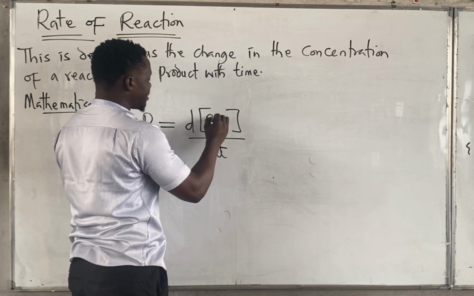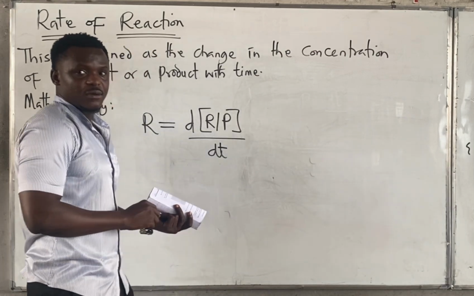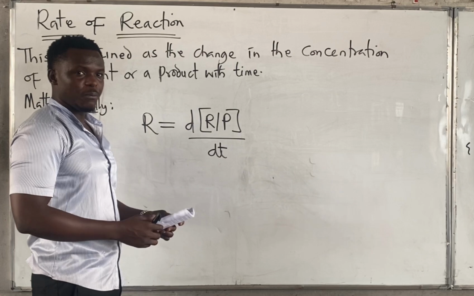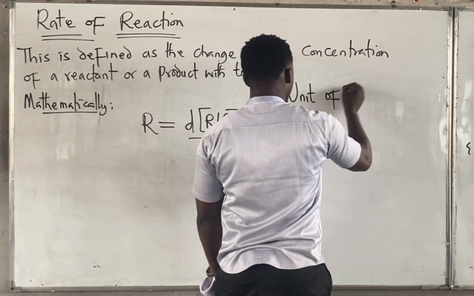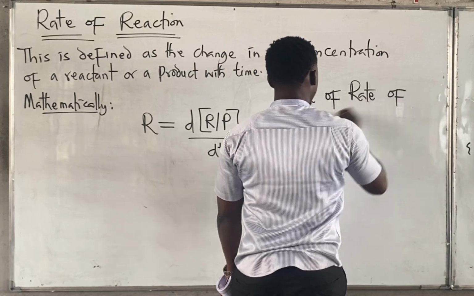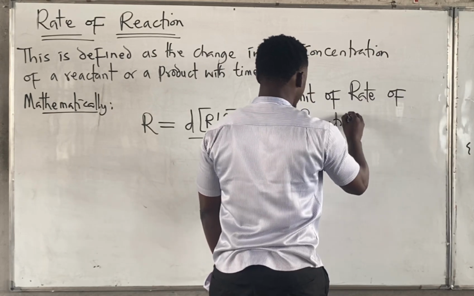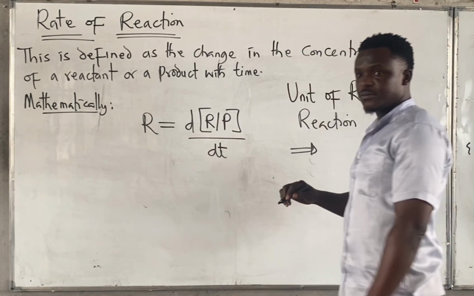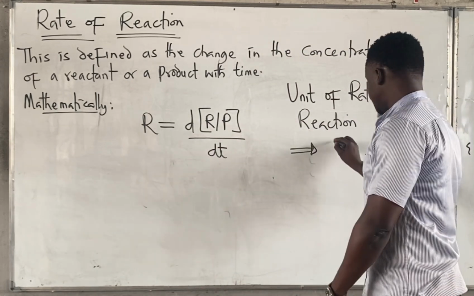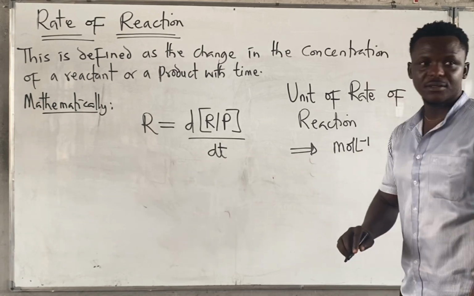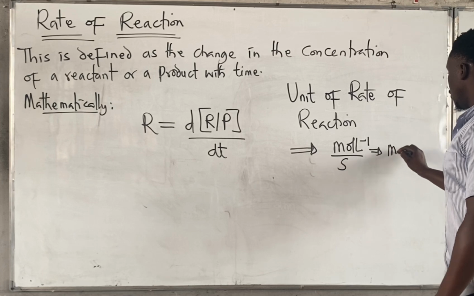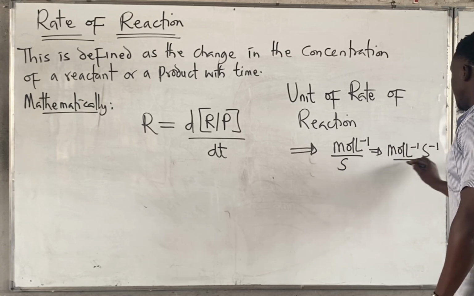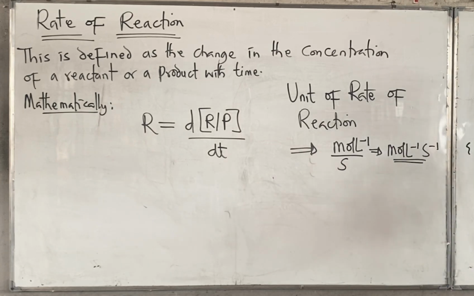Now this can be reactant or product. And the unit of rate of reaction, take note. Unit of rate of reaction is equal to concentration, which is mole per liter, and time is always in seconds. So this becomes mole per liter per second. So that is the unit of rate of reaction.